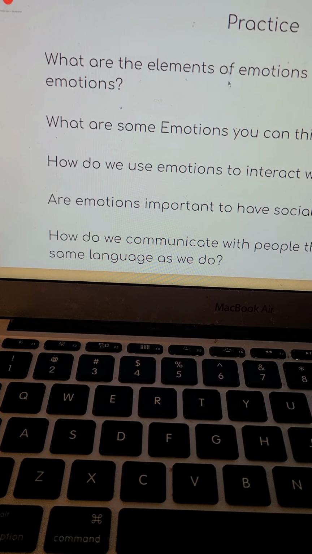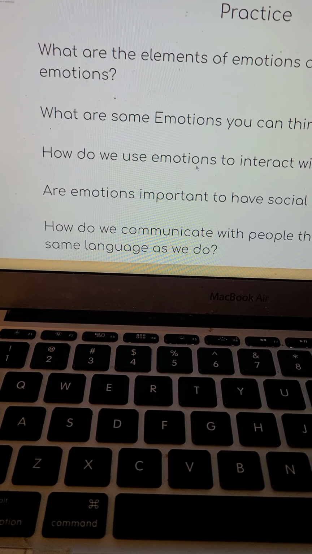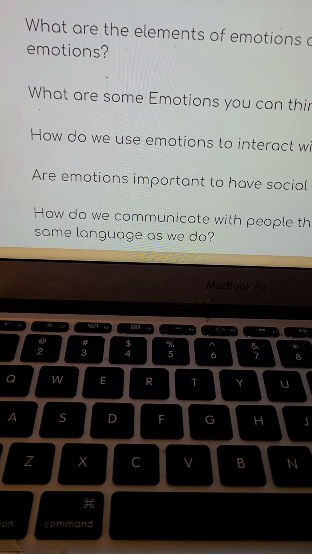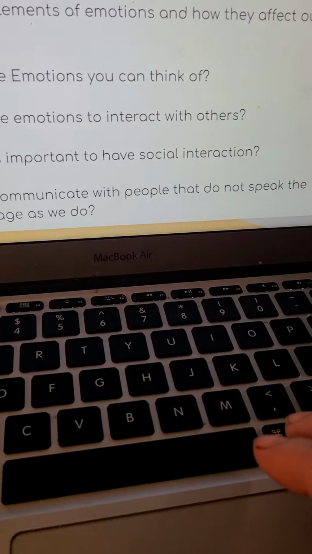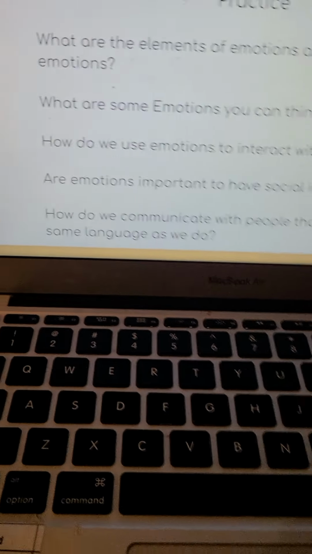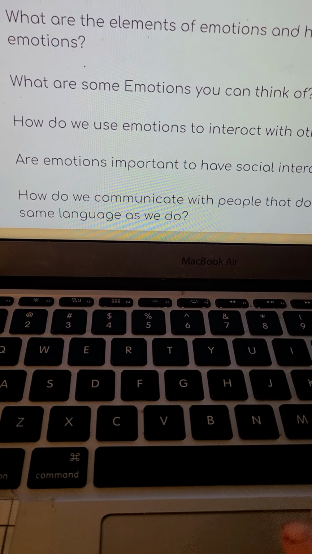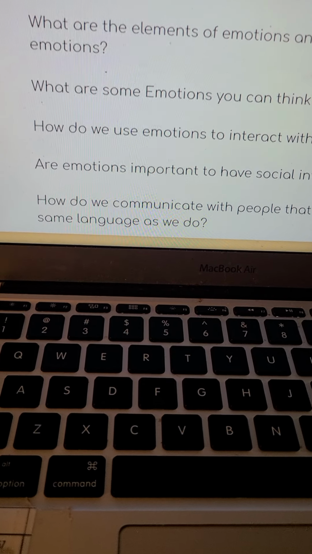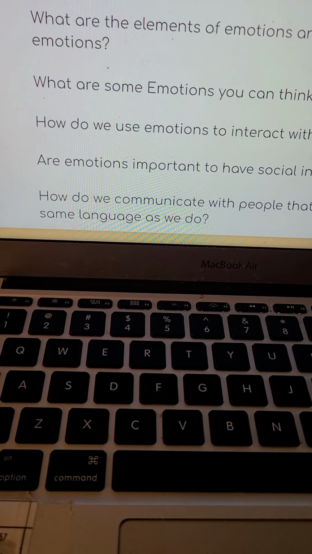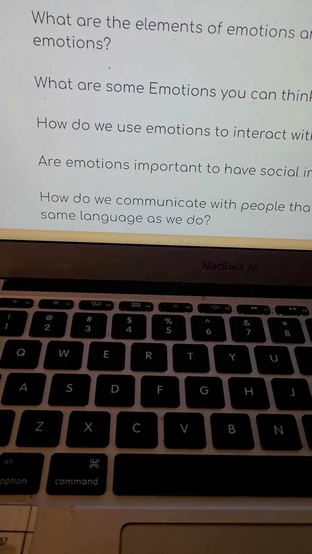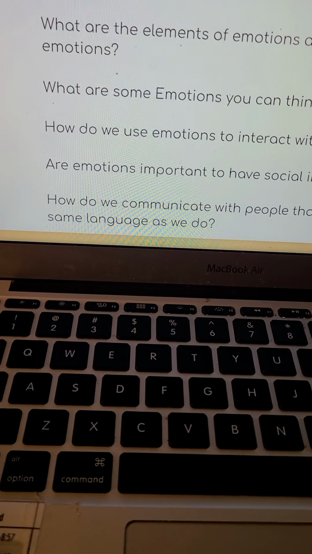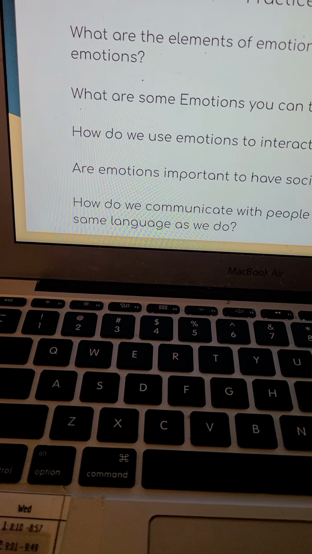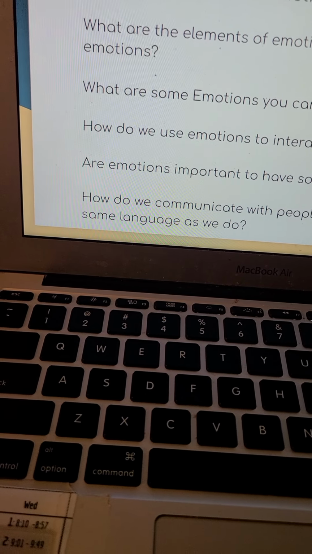However, there is one question that I like a lot that I wrote, and it's the last one. How do we communicate with people that do not speak the same language as we do? This is where the students are going to make the connection that, for example, if we have a newcomer in the class and that student does not speak any English, how do we communicate with that student?